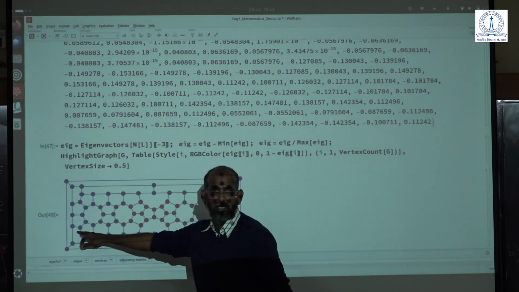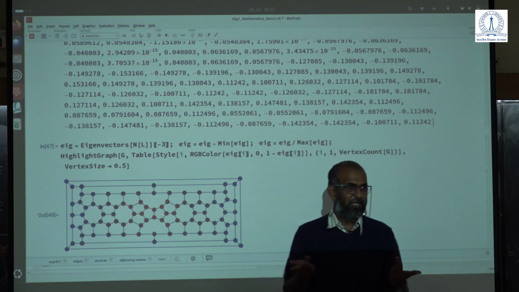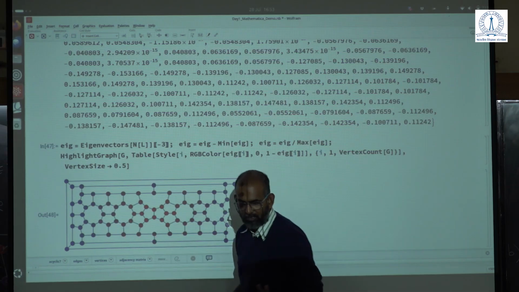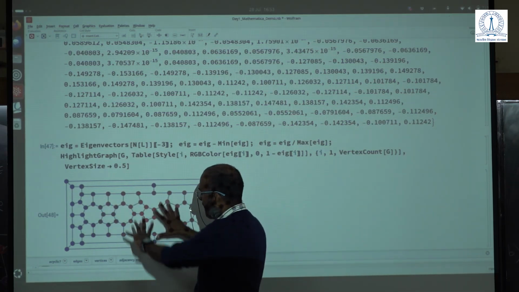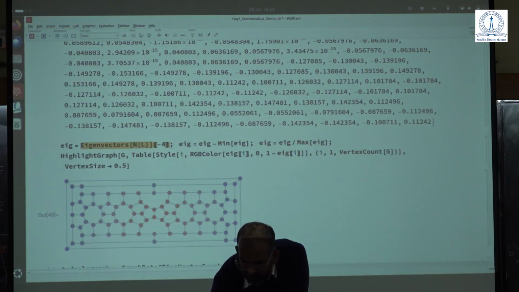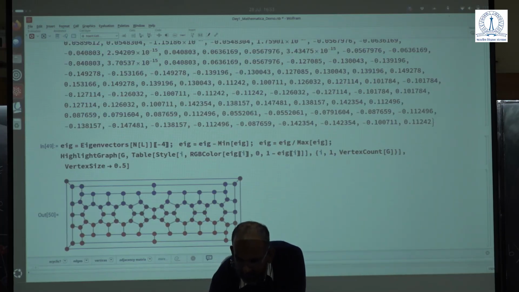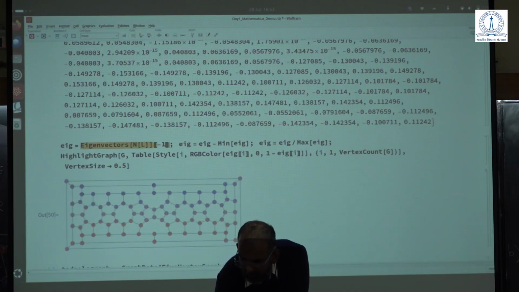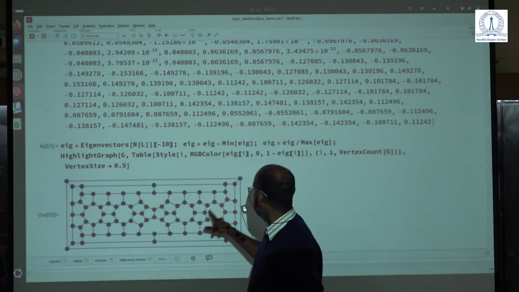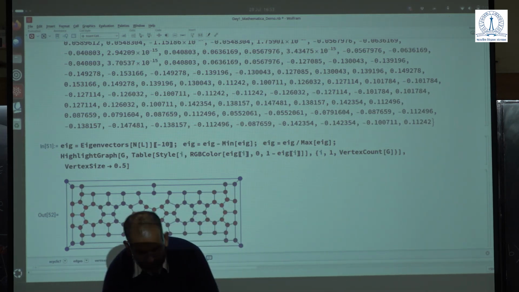Now you see the positives are both here and here. Let's just assume blues are positive, reds are negative. It doesn't matter, right? It's an eigenvector, so I can change sign. So it's positive over here and negative over here. Now if I go one more, now it splits in some other way. You can keep going down. Let's go 10. Now you see it's really broken up into many, many pieces here. Red, red, red, blue, blue, blue. Okay. So this is one thing I wanted to show you.